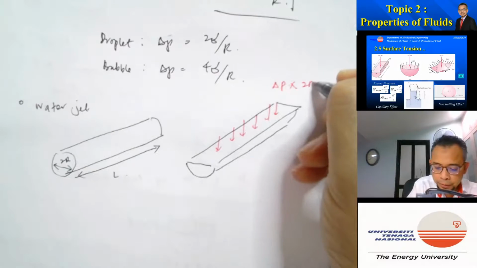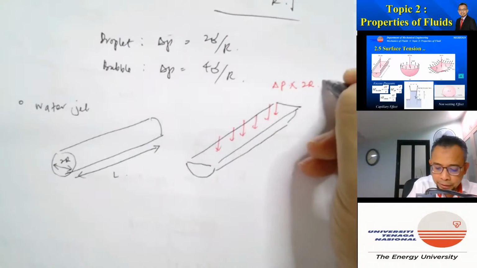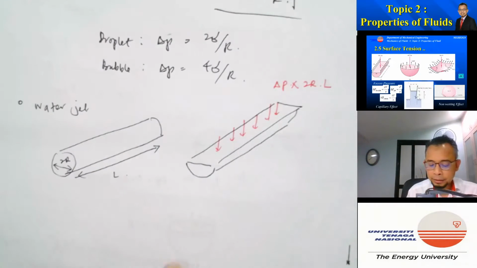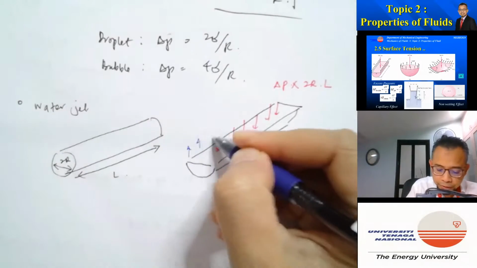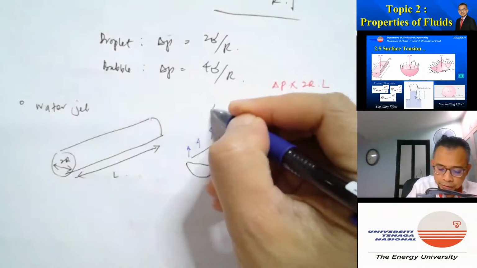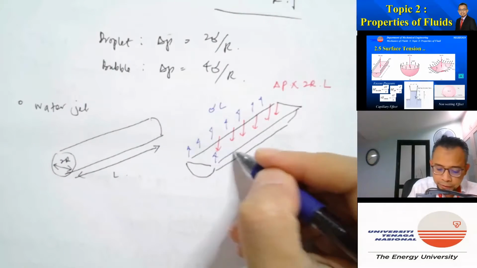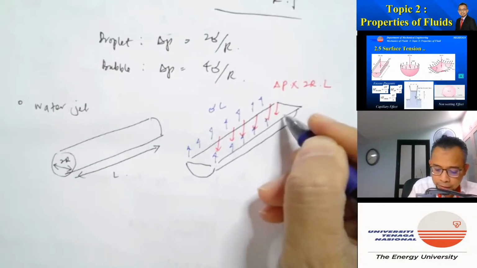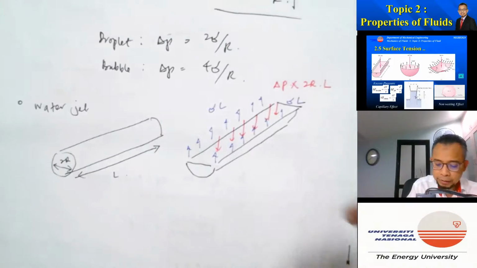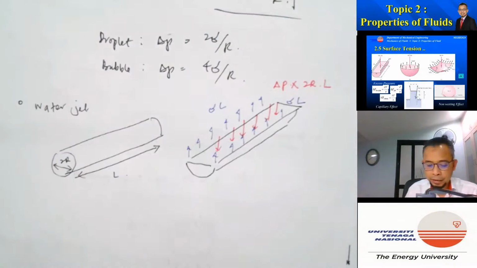multiplied by 2r multiplied by L, and then the surface tension force is here. On this side is sigma L, and on this side also sigma L. We just ignore these end parts.